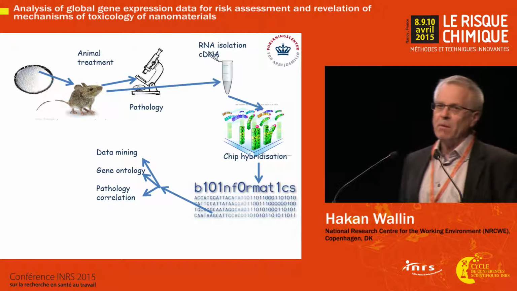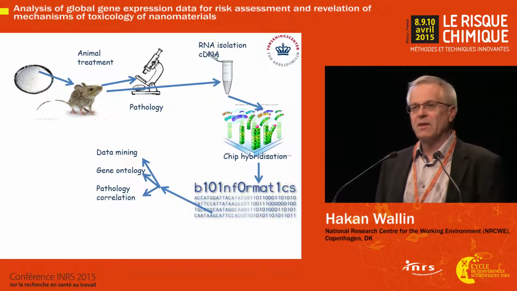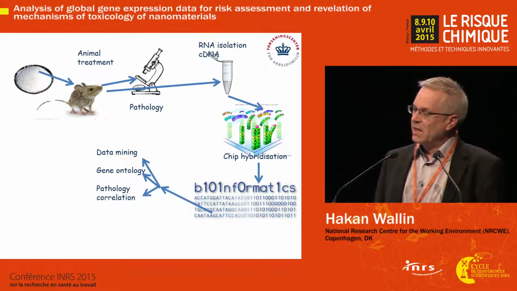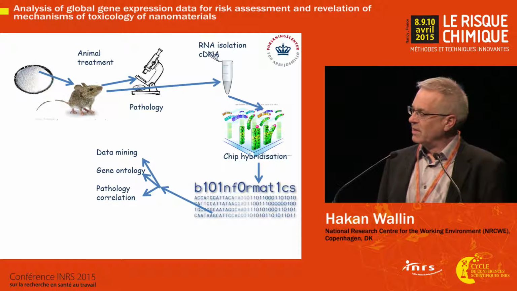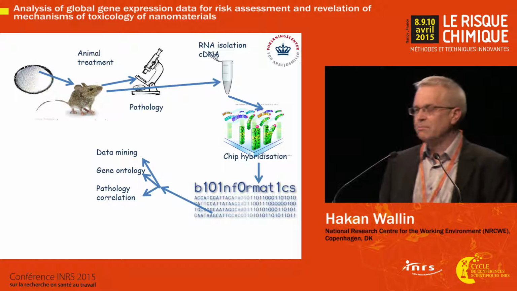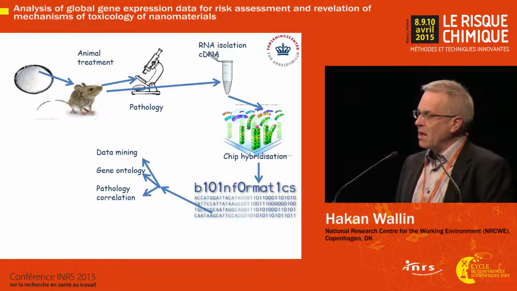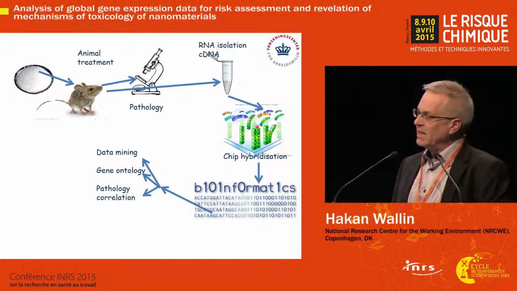So transcriptomics or toxicogenomics, it's basically, you treat an animal or cells and you look for the changes. You compare with controls, just as regular toxicology examinations. You extract RNA from tissues or cells, and you produce cDNA.